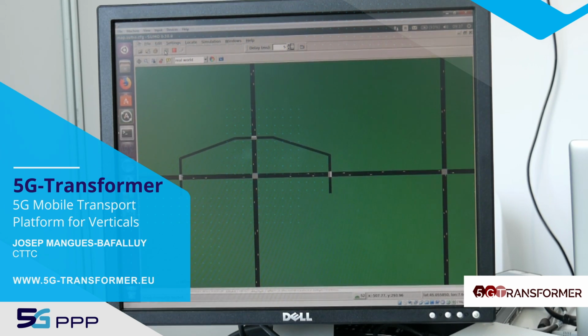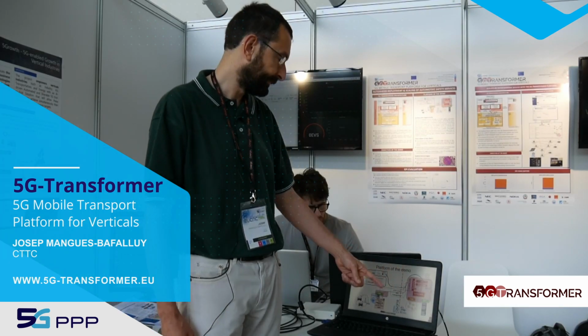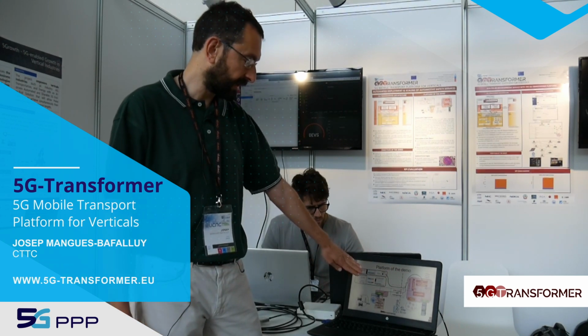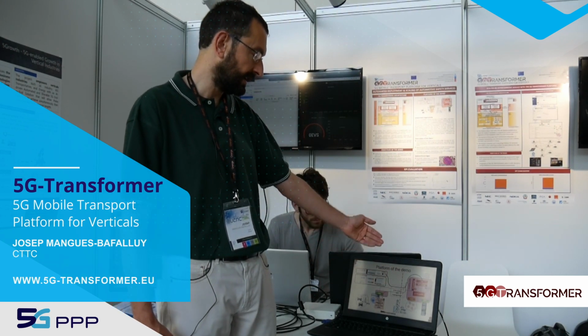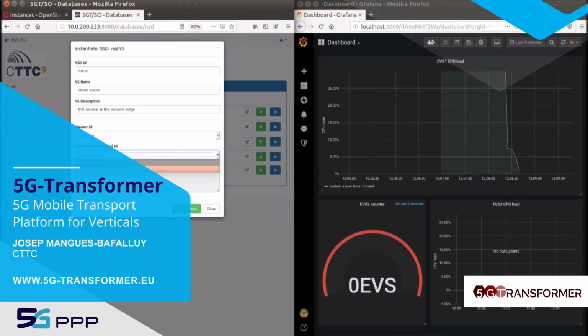Then the other thing that we are doing is to connect remotely through this VPN to the graphical user interface of the platform. From this graphical user interface, the vertical, in this case the Fiat Research Center, will request the deployment of the service.